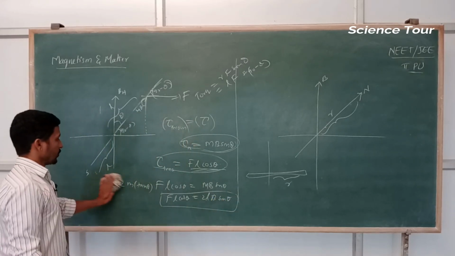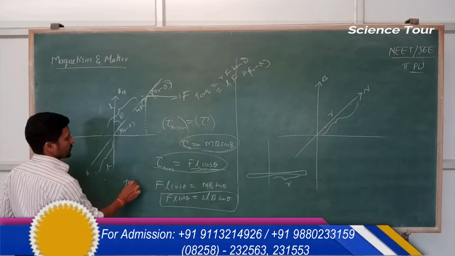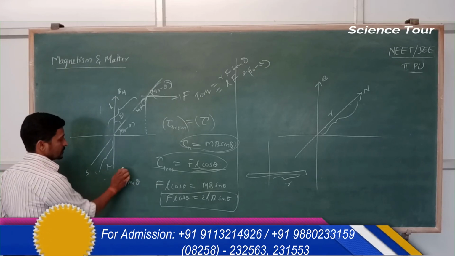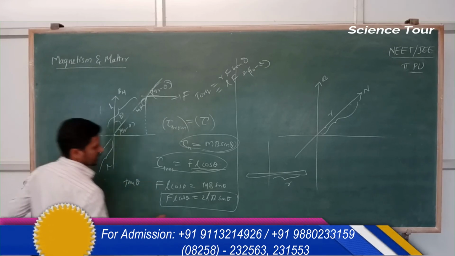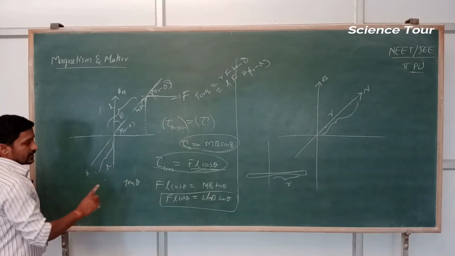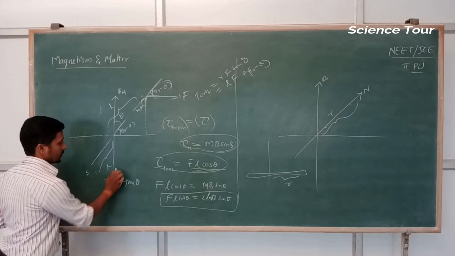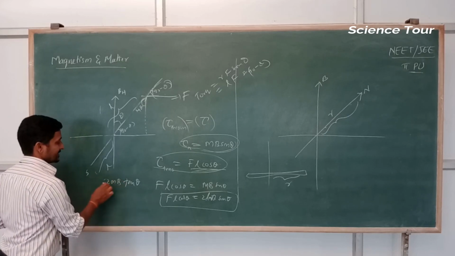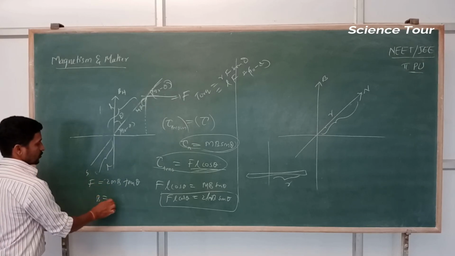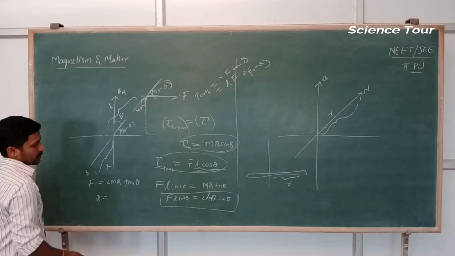What are we going to get? Sin theta by cos theta, which is equal to tan theta, then L cancels, 2lm into B, isn't it? So B is there, 2mB is there, which is equal to F, so B will be equal to F by tan theta into 2m.